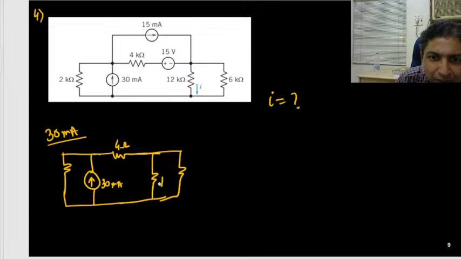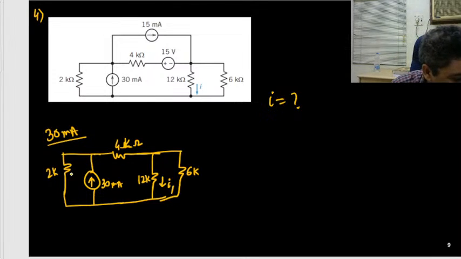I need to find this current. I will call that current I1, through 12K, and this is your 6K. This is 4 kilo ohm, sorry, and this is your 2K. So can anyone please find I1?